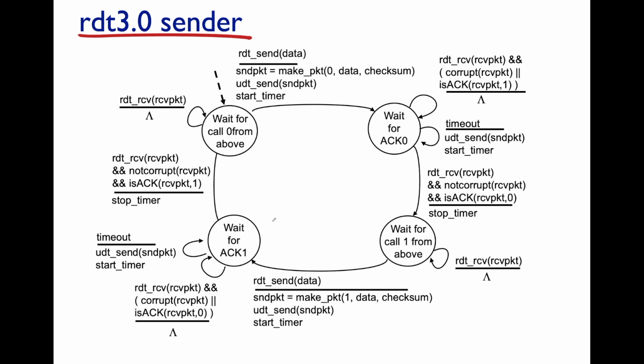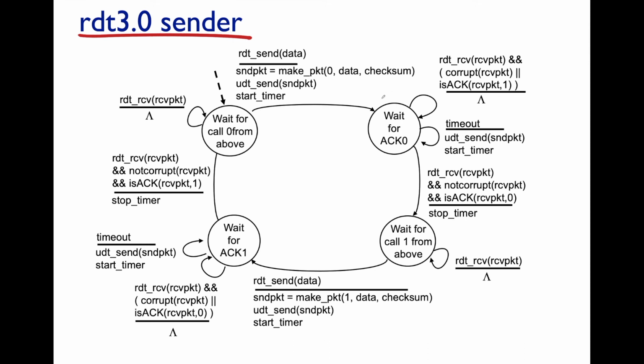Now this RDT 3.0 sender will start with "wait for call 0 from above." If you receive a duplicate RDT receive, you just eat that packet, you don't deliver. So you have this RDT send from above, you create a packet with sequence number 0, your data, and a checksum. You do the UDT, unreliable send, and you start a timer associated with that packet.